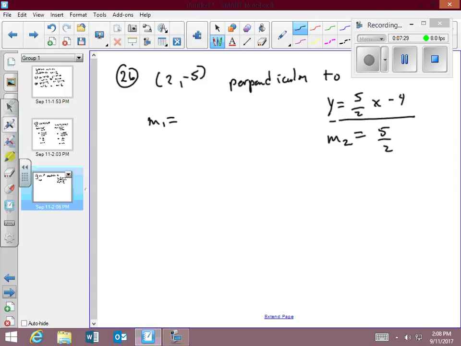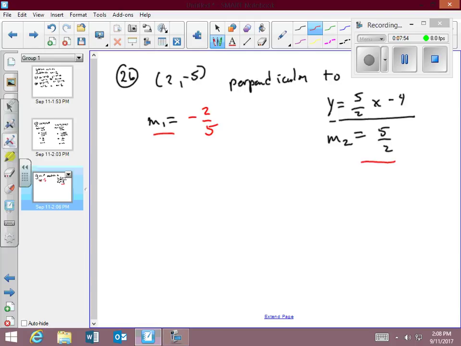Now, if 5/2 is the slope of this line, what's the slope of this line? Who's saying it? Gage? What'd you say? -2/5, right? Because they're perpendicular lines.